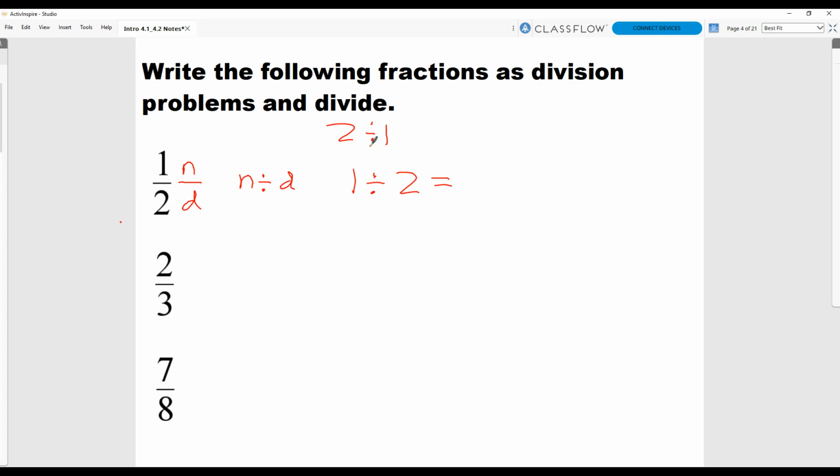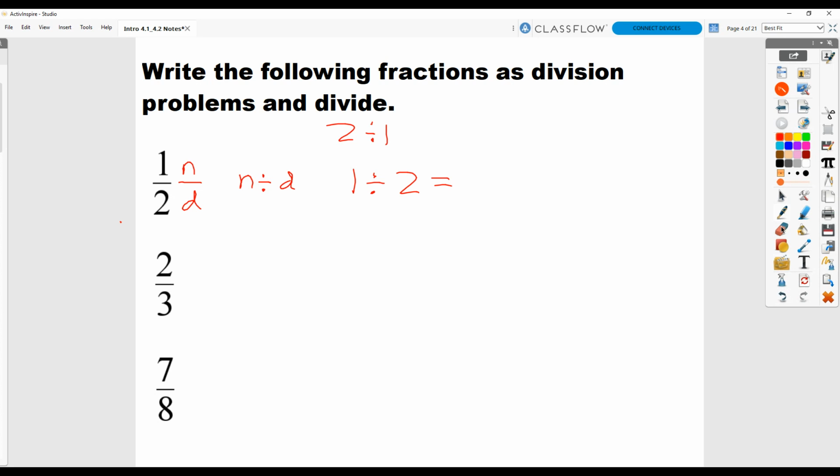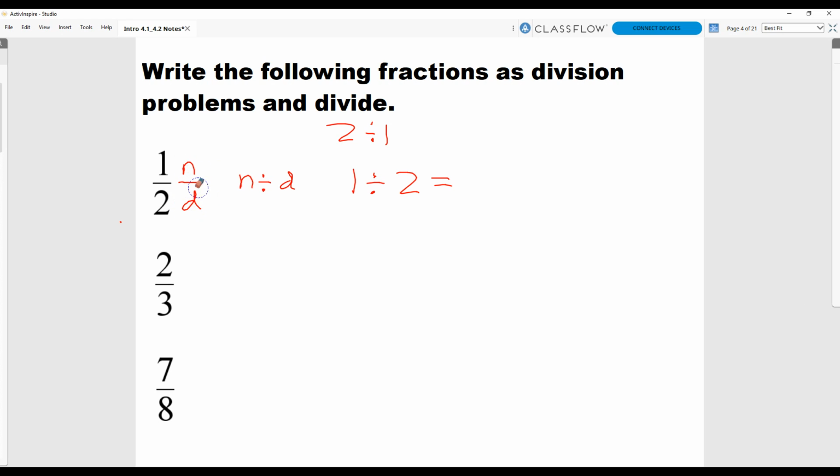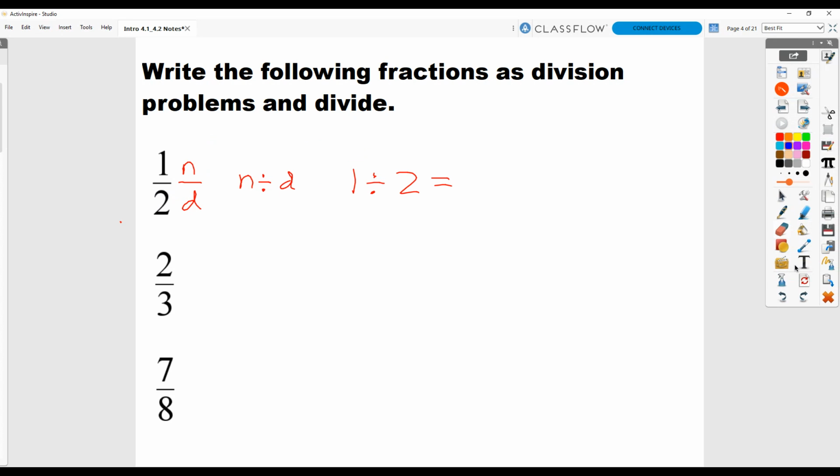I see that happen all the time in all the years that I've been doing this. If you label your numerator and denominator and then write it like this, it'll help you stay organized, because your mind automatically wants to write 2 divided by 1. I don't know why, but it just does. So this helps us make sure it's written correctly.